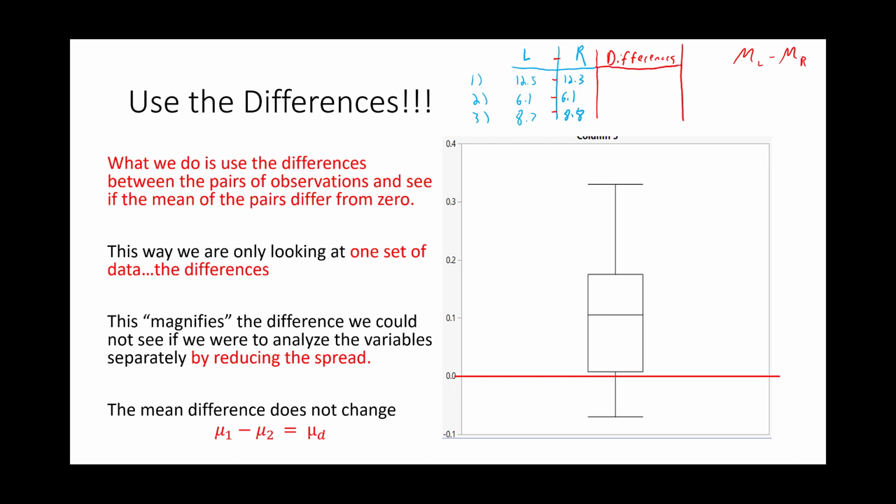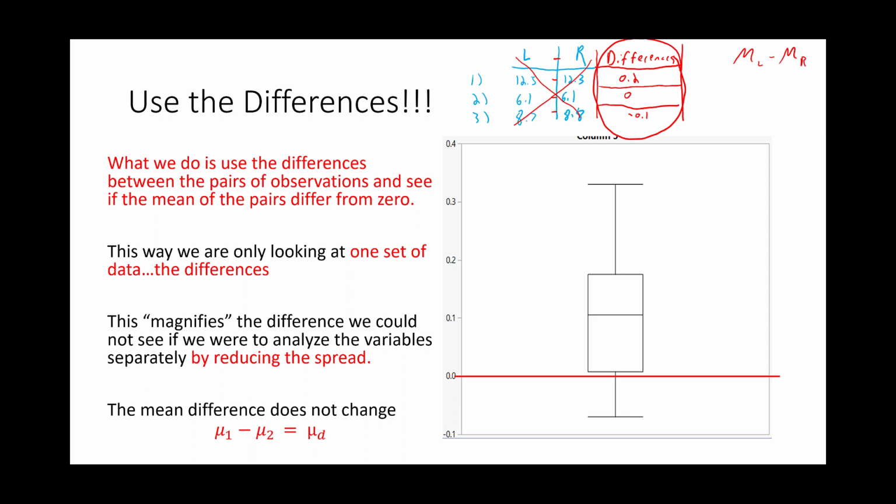And we'll take left minus right. 12.5 minus 12.3 is 0.2. 6.1 minus 6.1 is 0. 8.7 minus 8.8, that's minus 0.1. We just found the difference between each pair of observations. And what we're going to do now is solely use this single column of data. That's the only data set we're going to use. We don't care about our previous two sets of data. We're only going to be analyzing the differences.